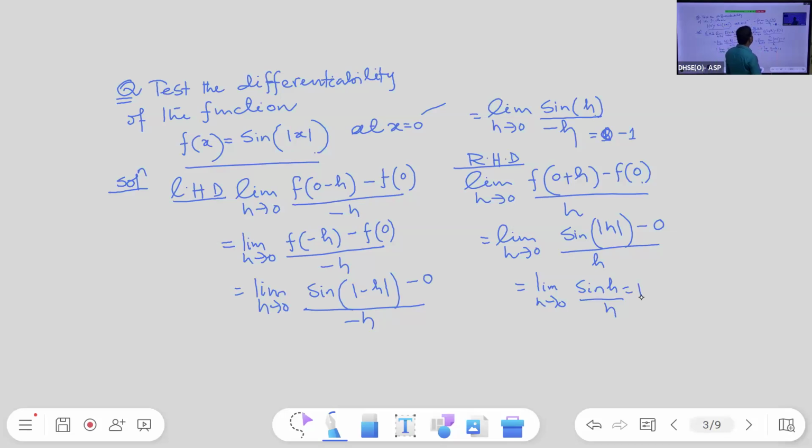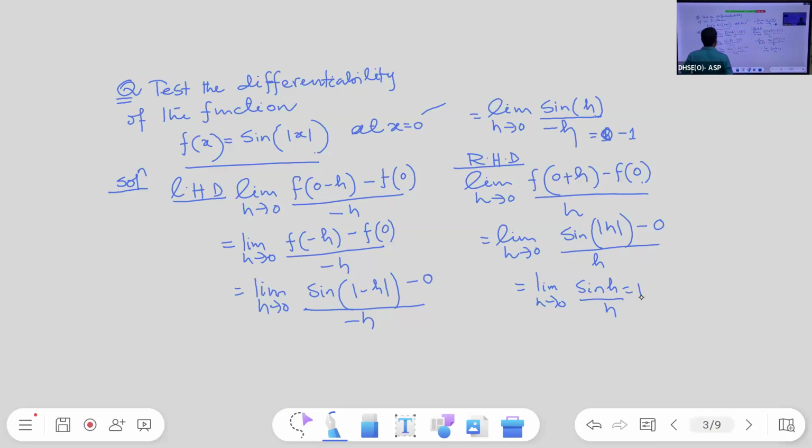The right hand derivative exists and that is equal to 1, but they are not equal. So we can say that the function f of x is equal to sin of mod x is non-differentiable at x is equal to 0.